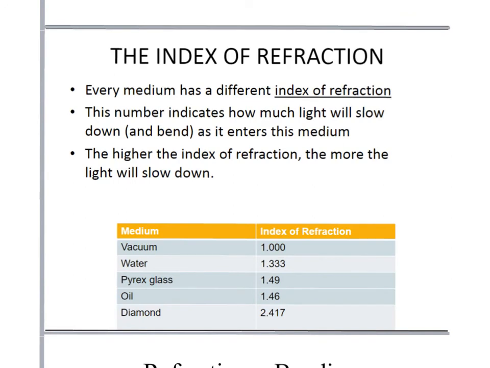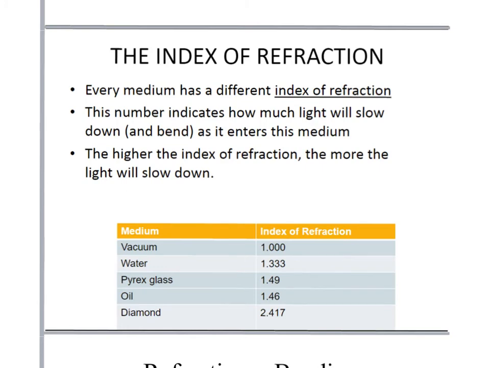So like I mentioned, every medium or media will have a different index of refraction. So here's a little table of the index of refraction of the different media that we'll be looking at in class. We have a vacuum with an index of refraction of 1, water of 1.33, Pyrex of 1.49, and you get the point.